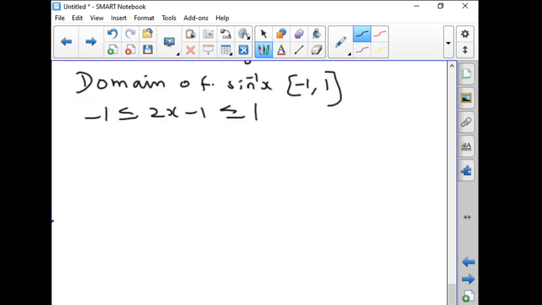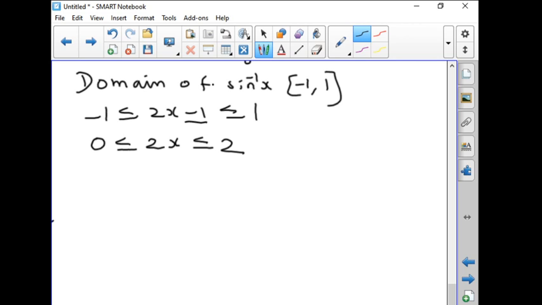To remove this minus 1, what do we do? Add throughout by plus 1. Then minus 1 plus 1 will become 0, less than or equal to 2x, less than or equal to 2.